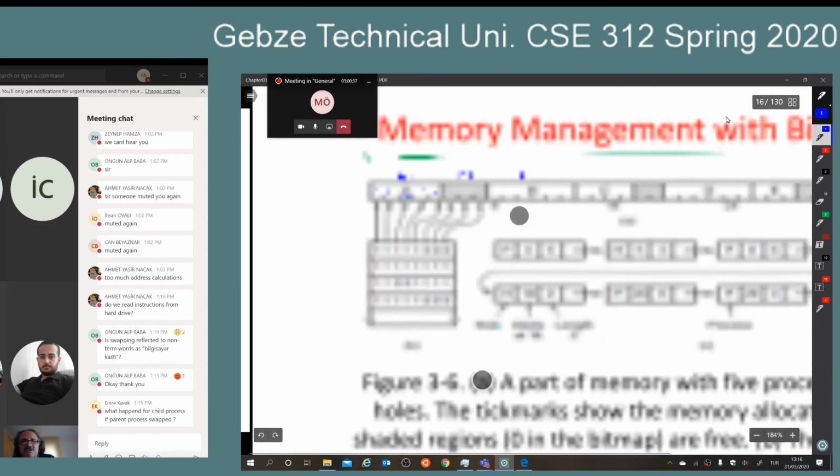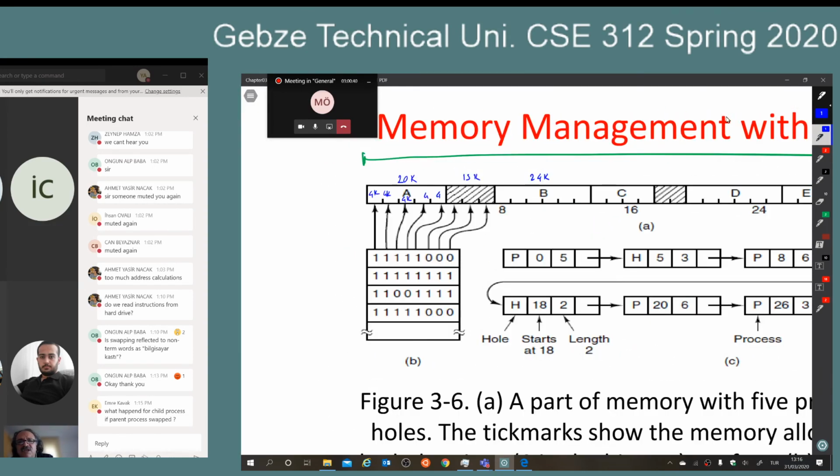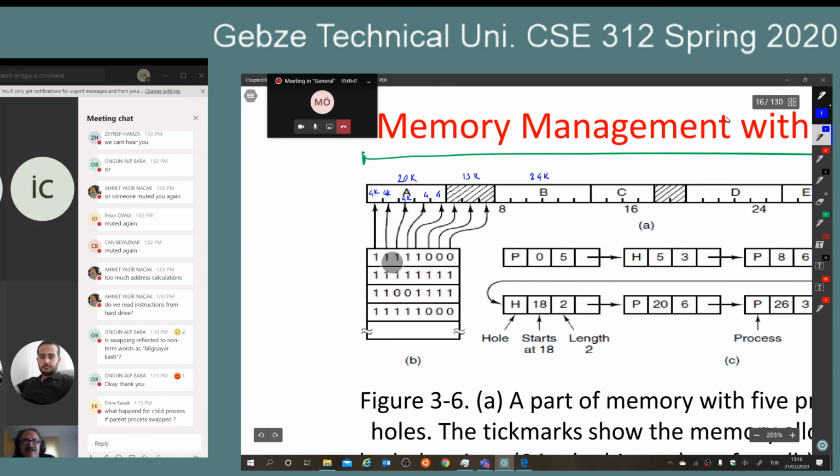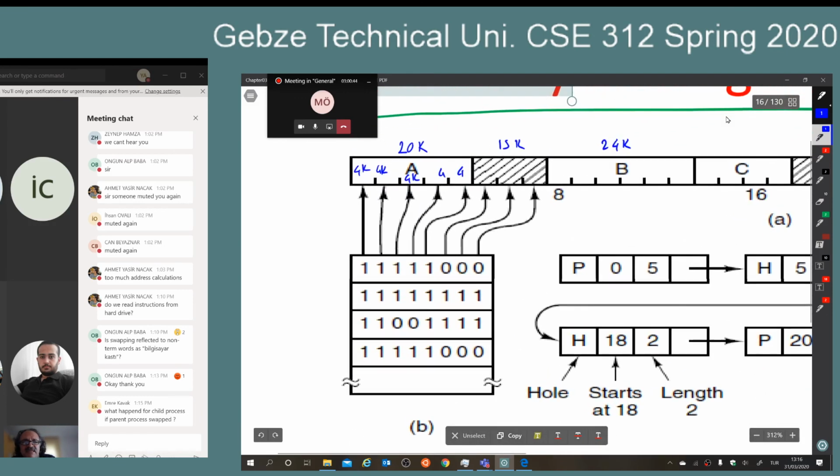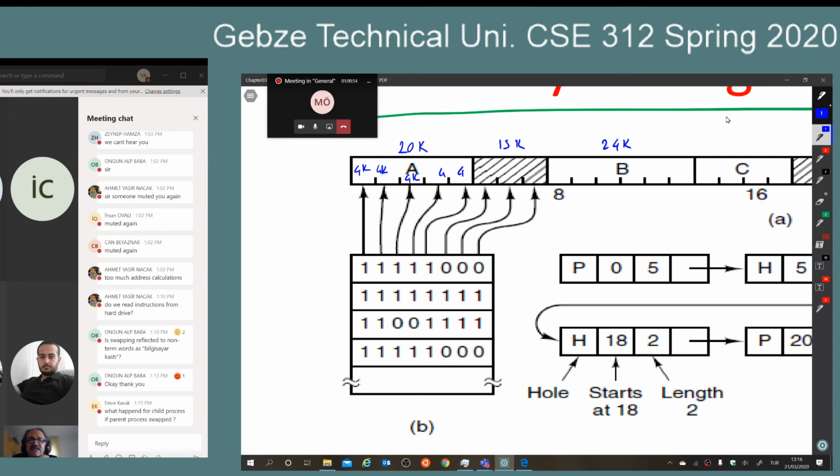Okay, so for each 4K there is a bit available. 1 means that place is occupied. 0 means that place is not occupied. So I keep using a single bit to indicate if a corresponding 4K chunk of memory is occupied or not.